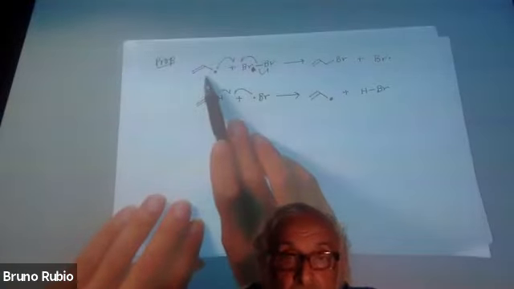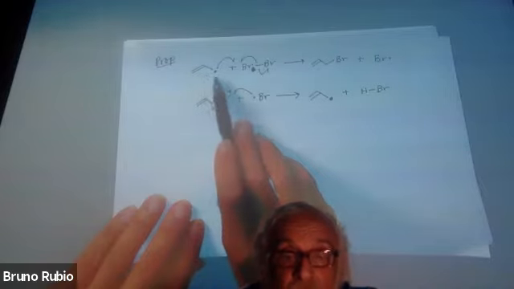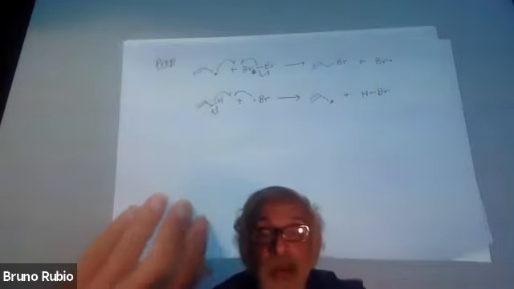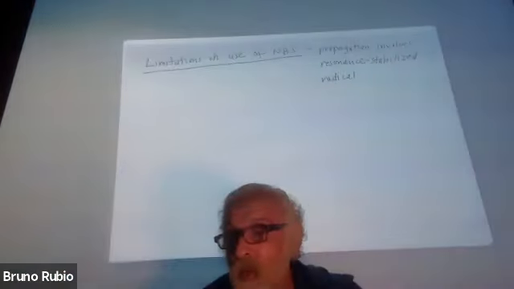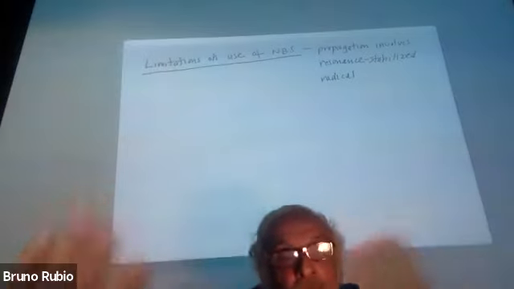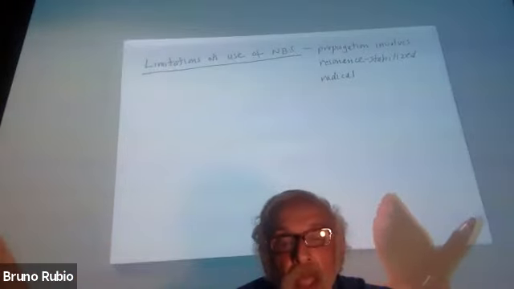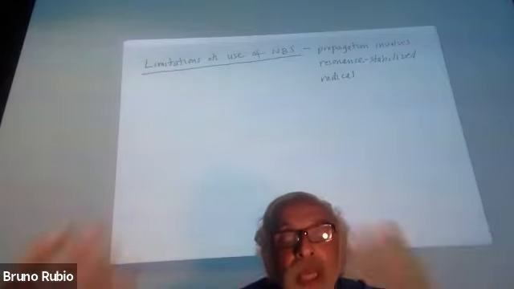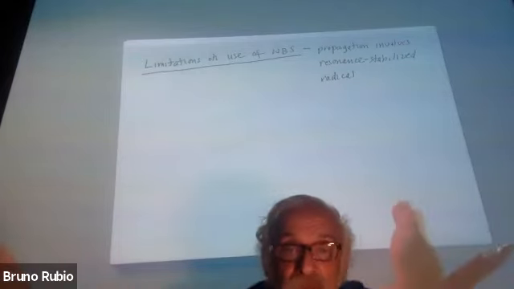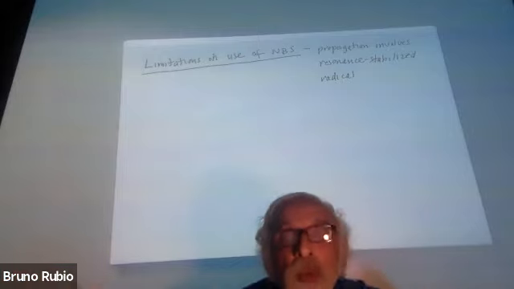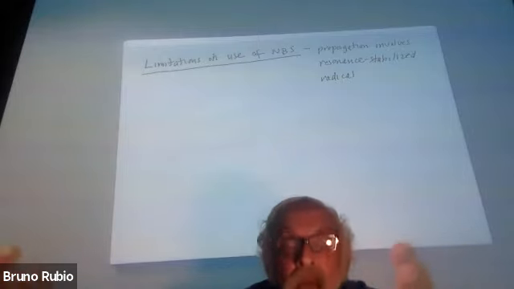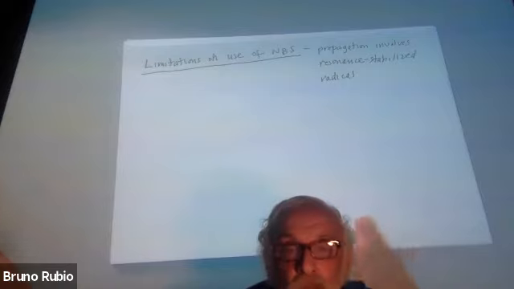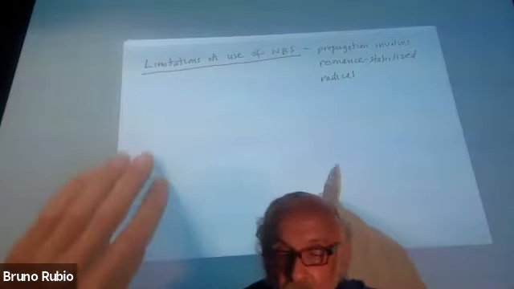See this guy here? The chain carrying, self-sustaining radical. Yeah, that's resonance stabilized. I'm going to be able to move that dot around. And the problem is that now, because the actual structure of a molecule is a composite of all of its resonance structures, I'm going to end up with a diversity of products. I'm going to end up with more than one allylic or benzylic bromination product.